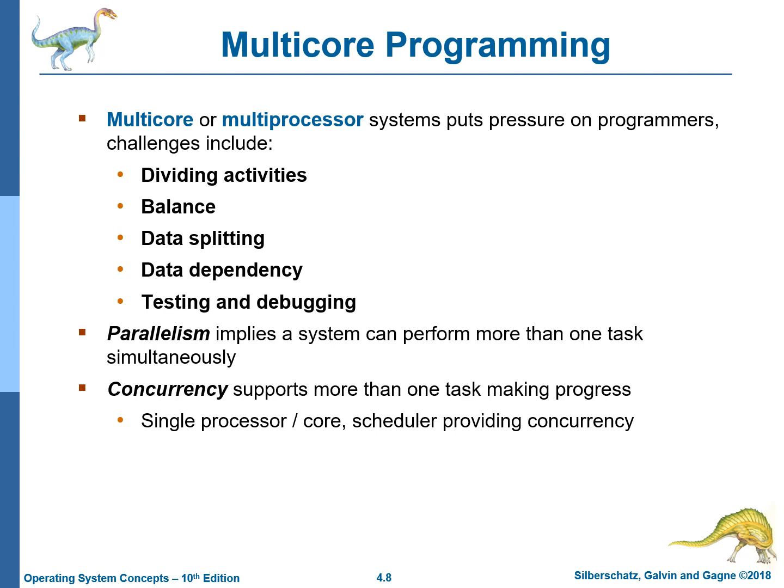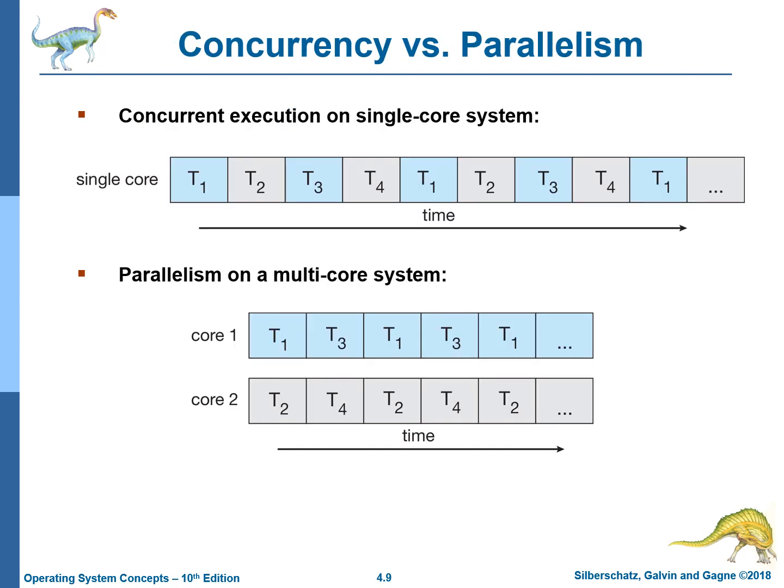Concurrency supports more than one task making progress. A single processor or core scheduler provides concurrency. Concurrent execution on a single core system looks like this, and parallelism on a multi-core system looks like this.